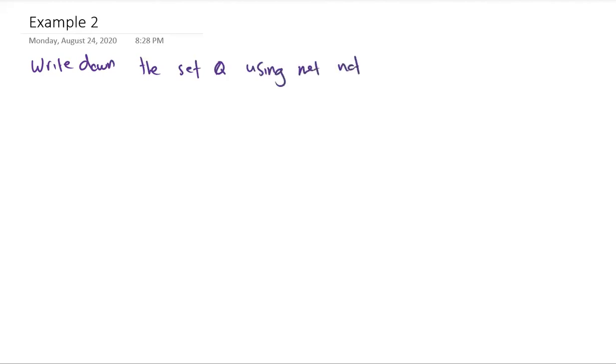And again, we're going to use the same sort of notation that we used. We're going to start with the left curly bracket and then work from there. So let me write set of rational numbers equals. Again, this means the set of all X such that.